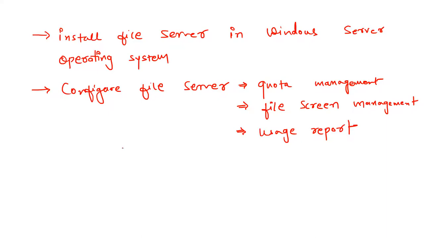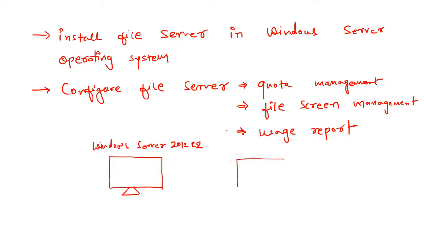Okay, so how do we do this? We will install file server in Windows Server 2012 R2 operating system, and we will access the particular folder on that we perform quota management, file screen management.